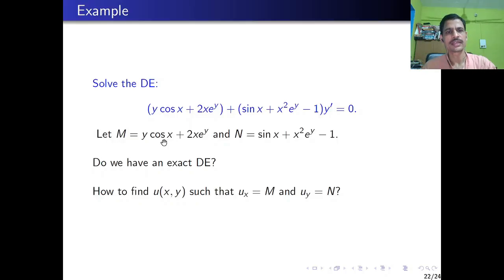So here, if you take the function N and its partial derivative with respect to x, then what you get is cos x plus 2x e raised to y.